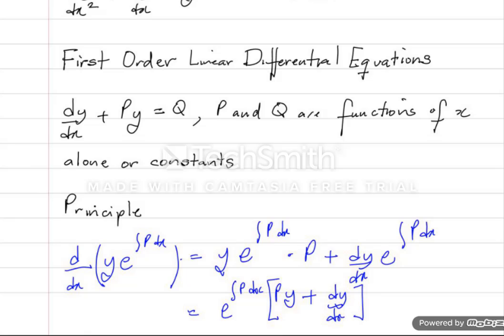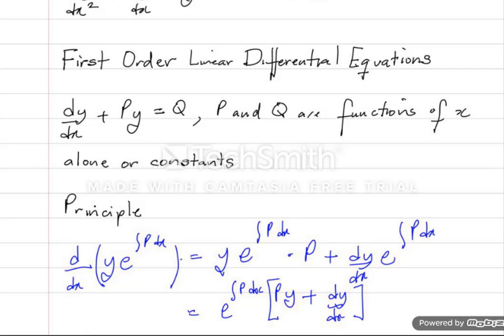This knowledge is important. If I differentiate y times e to the integral of p dx, I get e to the integral of p dx, and inside the bracket I have dy by dx plus py.